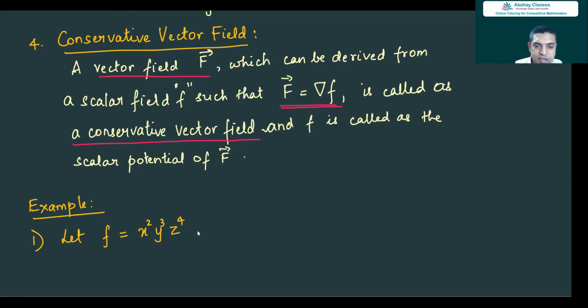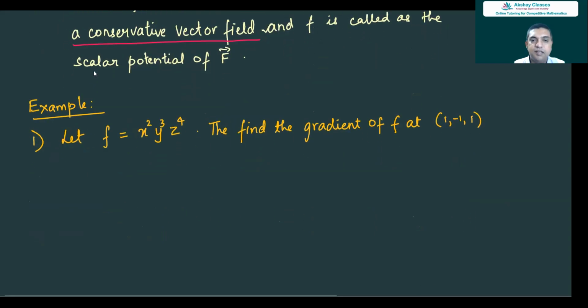Then find the gradient of f at some point, say 1 comma -1 comma 1. Now let us find this.